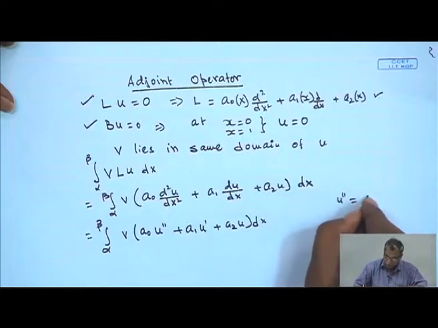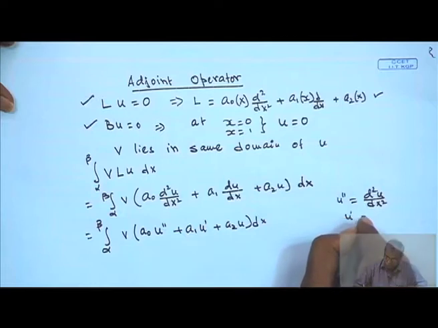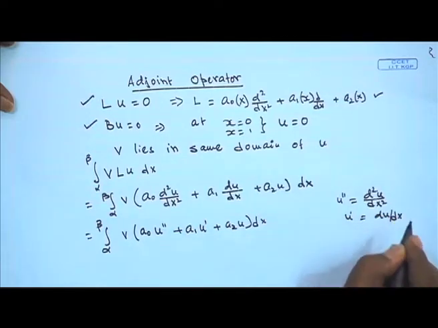So u double prime is nothing but d square u dx square, and u prime is nothing but du dx.